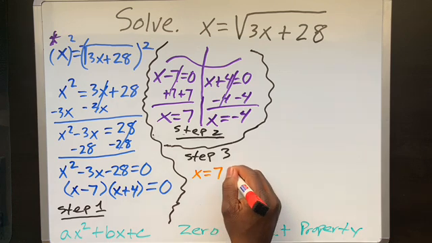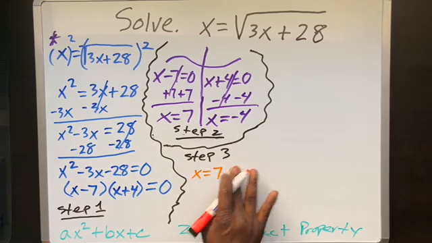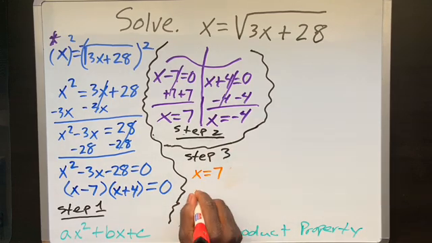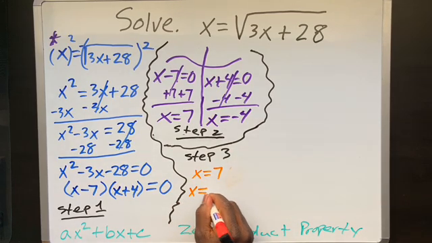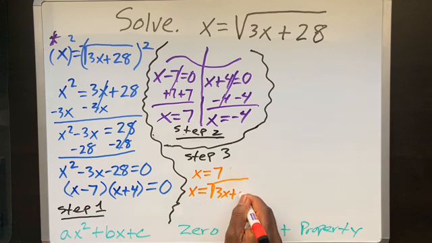All right. We let x equal 7, we get, there we go, keep it clean. We get x equals, I'm going to write that original equation, square root of 3 times x plus 28. Now let's substitute.